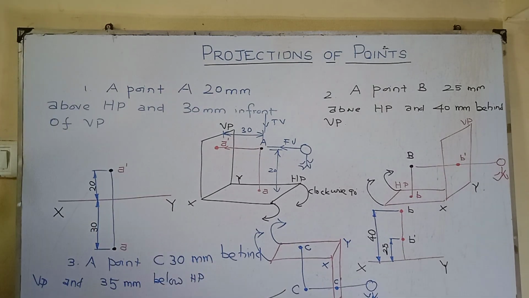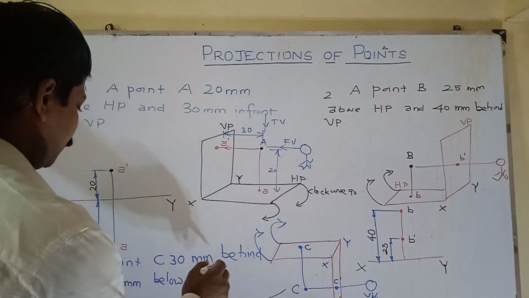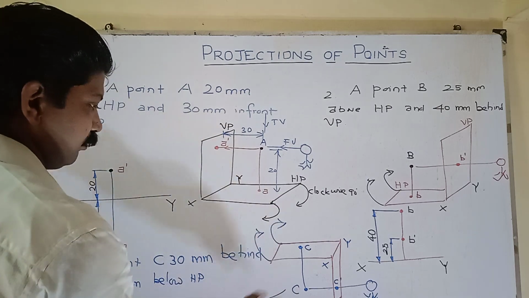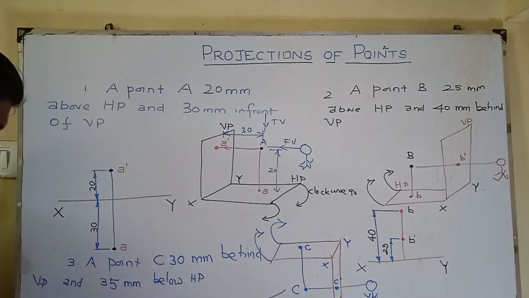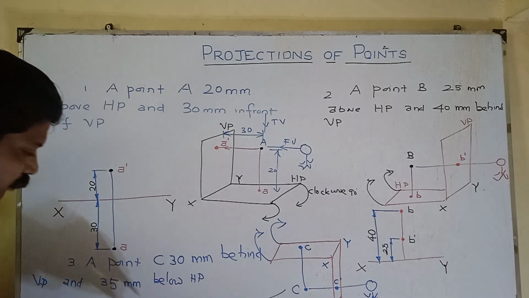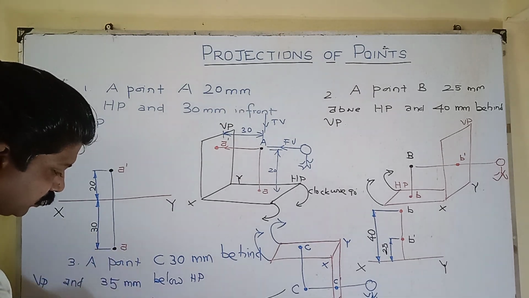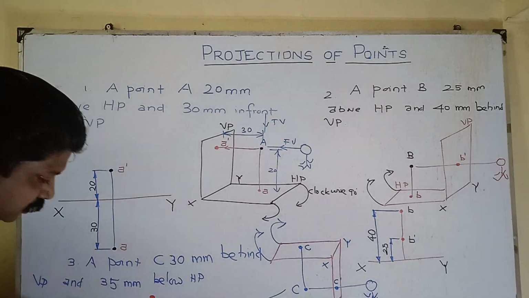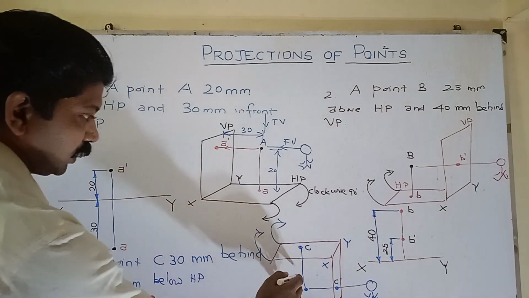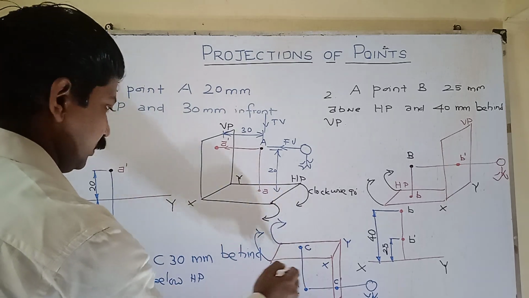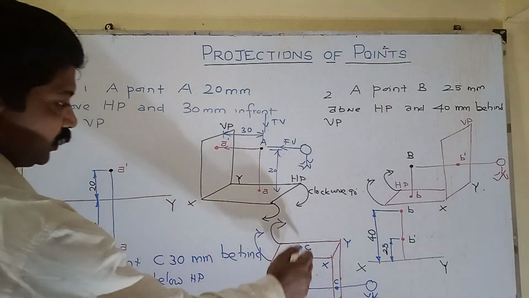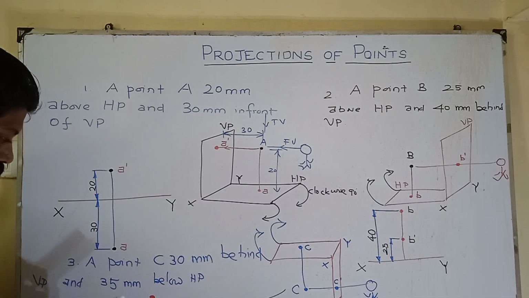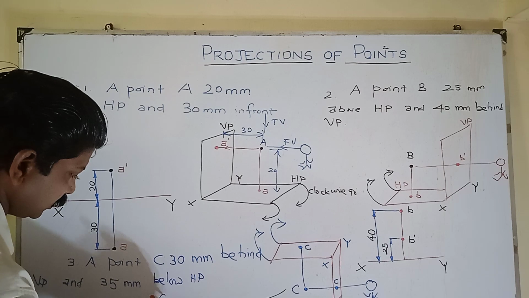So top view 30 mm behind, front view 35 below. So below 35 and 30 above. The point is 30 mm behind VP, so the top view is 30 mm above.